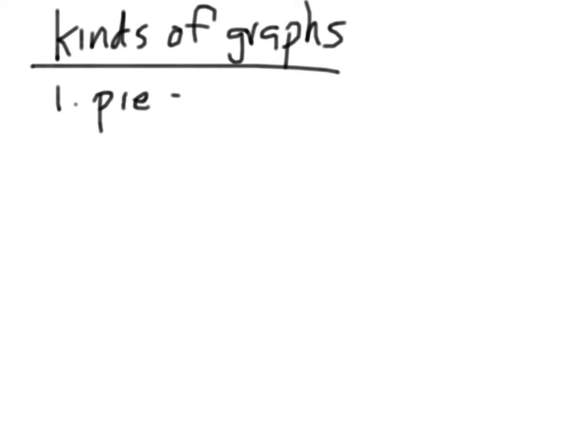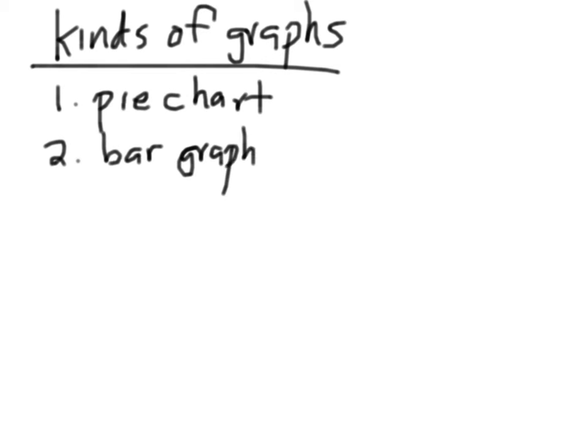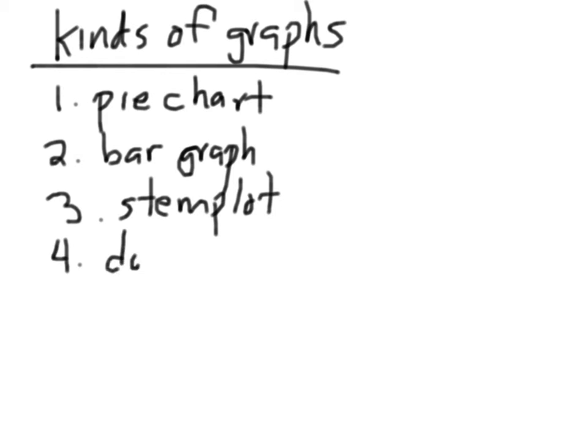Number 1 is a pie chart. Number 2 is a bar graph. Number 3 is a stem plot. Number 4 is a dot plot. Number 5 is a histogram.